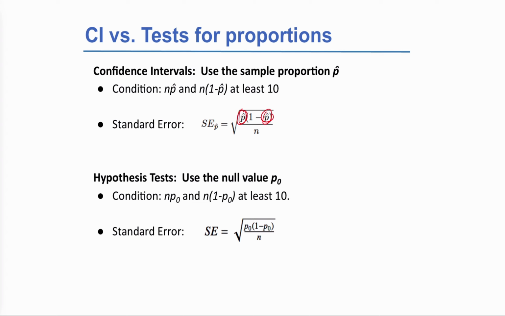The only p-value that we have is p-hat, right? So we use that in checking our conditions and in calculating the standard error. In a hypothesis test, we do have another one. It's the null p-value, right? The p-value that we're comparing to in our null hypothesis. And since our hypothesis test assumes that the null is true, you want to use the null value as the p in your conditions and your standard error.